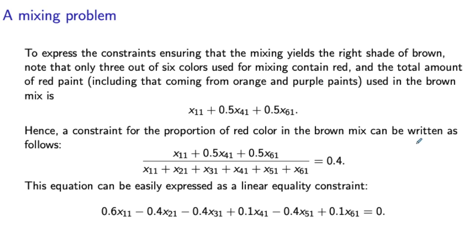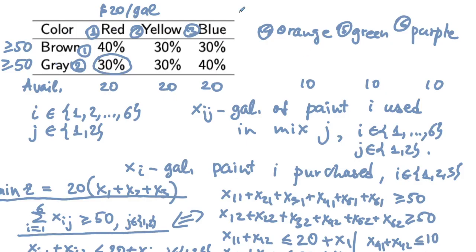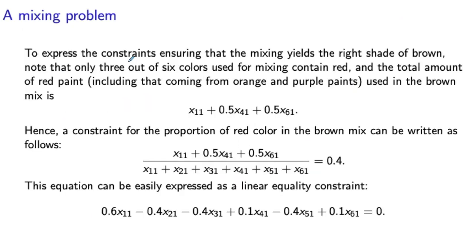This slide does this for the proportion of red color in brown mix, and according to our table it's supposed to be 40%, so we need to make sure that the amount of red that comes from the primary red as well as from the secondary colors containing red, which are orange and purple, constitute exactly 40% of the overall amount of the brown mix.